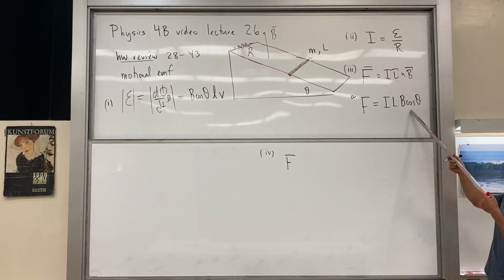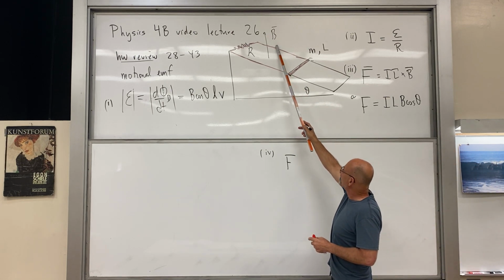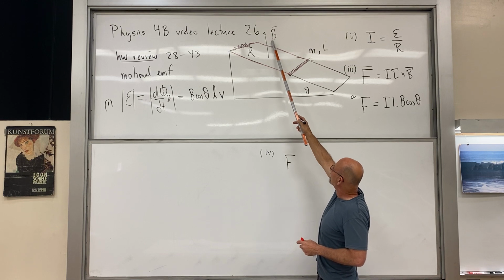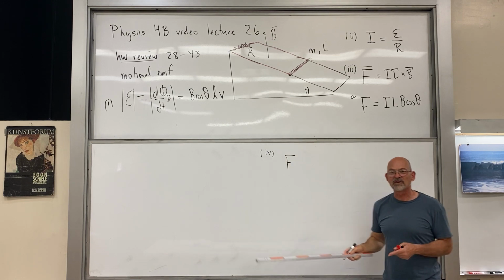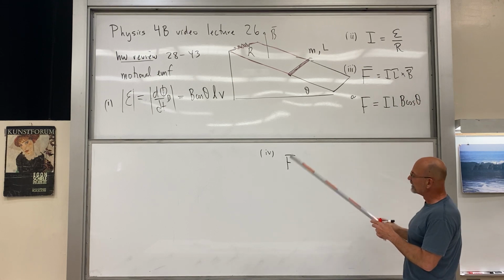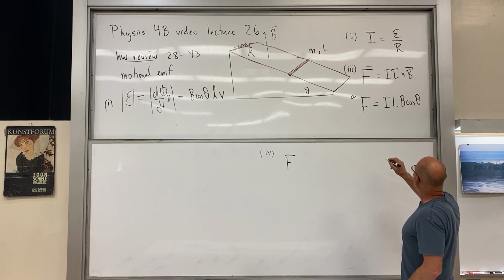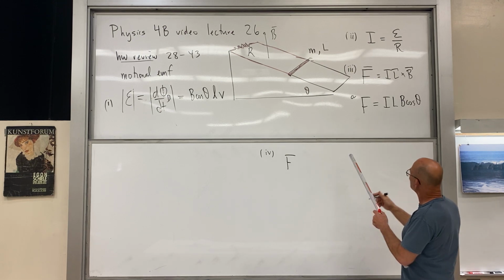If theta were 90 degrees, then the velocity v and the field B would be anti-parallel, therefore the cross product would vanish.